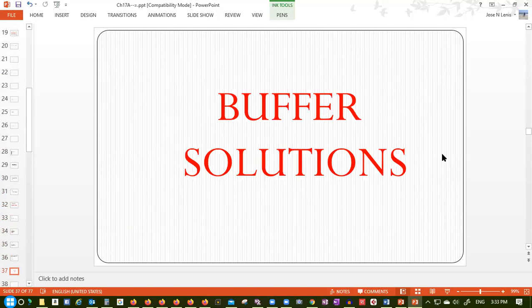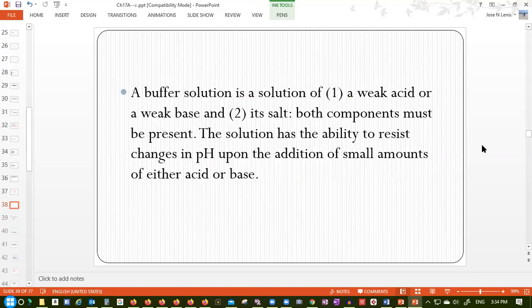This is a really interesting topic. It has wonderful applications, especially in biology. Chemistry too, but more applications in biology in general. So what is a buffer solution?